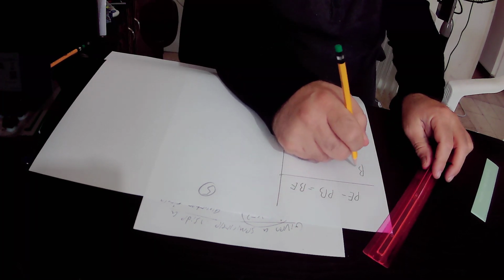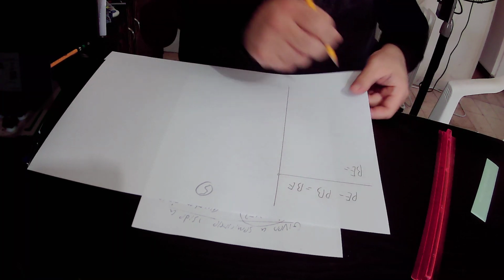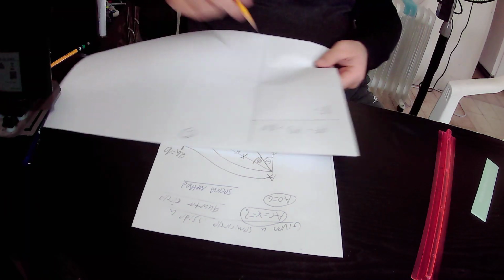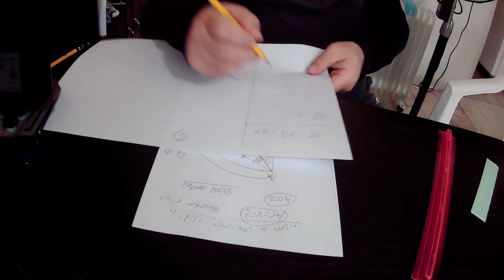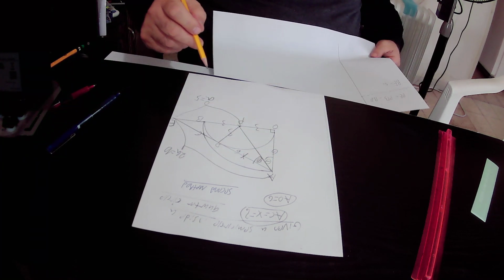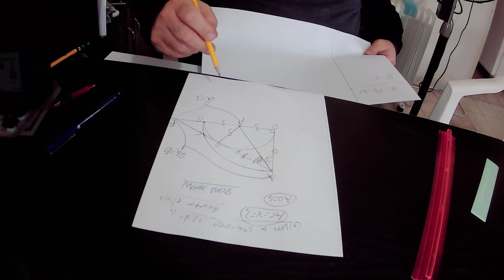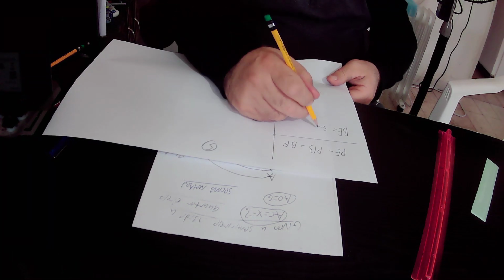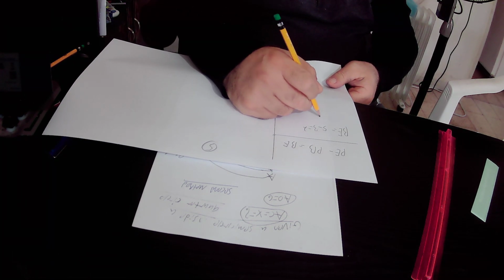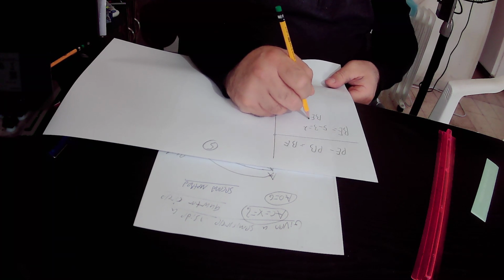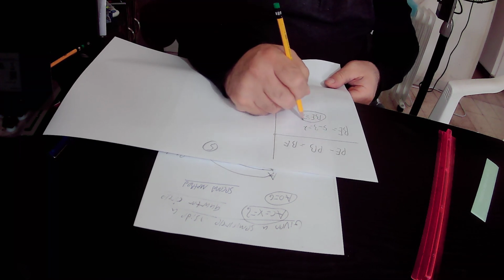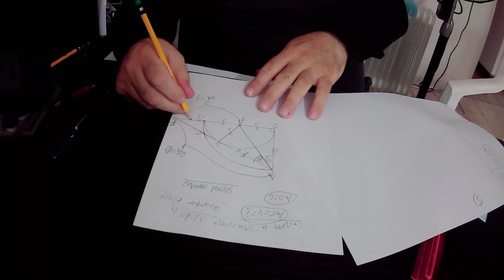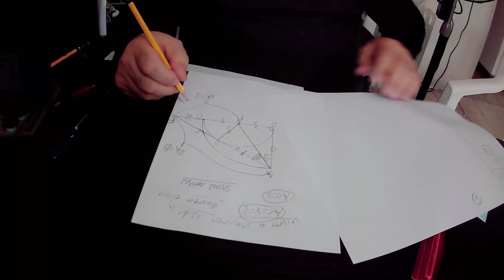So BE equals PE, that is 5 units, minus PB, that is 3 units. 5 minus 3 is 2, so BE equals 2 units. You can write here that BE equals 2 units.